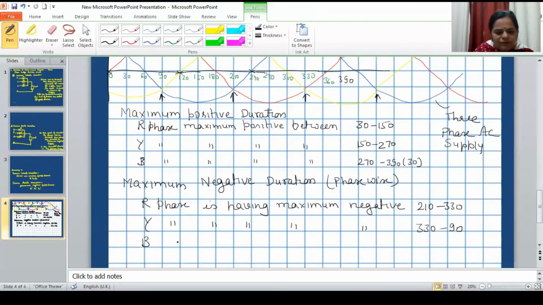Similarly, the B phase has its maximum negative from 90 to 210. So we have seen that the R phase has maximum positive between 30 to 150, the Y phase 150 to 270, and the B phase 270 to 390.